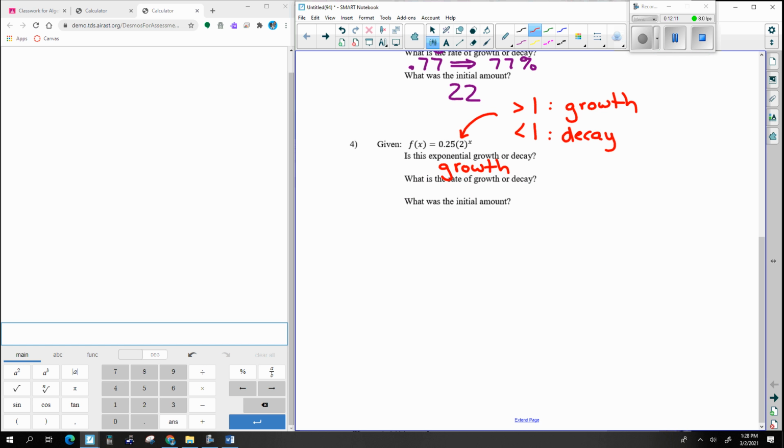How much bigger than the number 1 is that? It's 1 bigger than 1, or 1.00, so that means that is 100% growth. What was the initial amount? That's the outside number, and 0.25 was the initial amount.